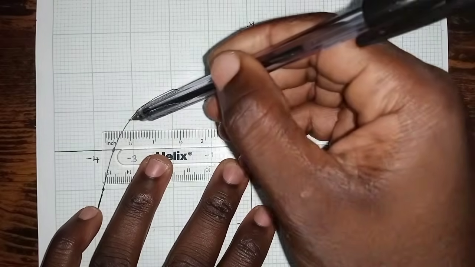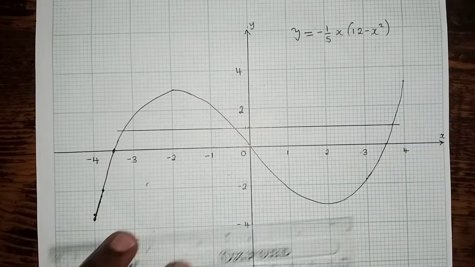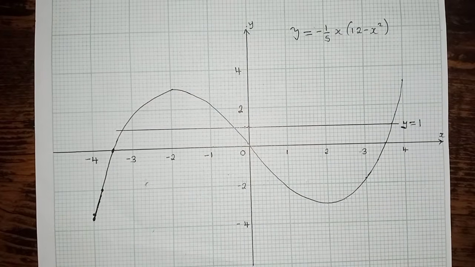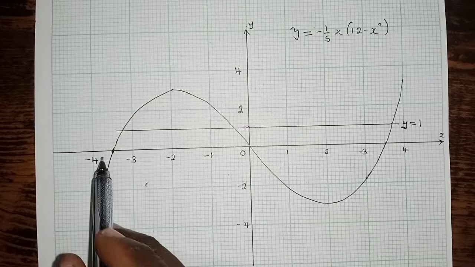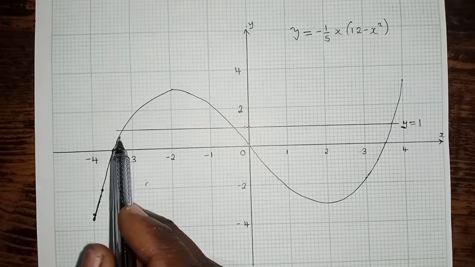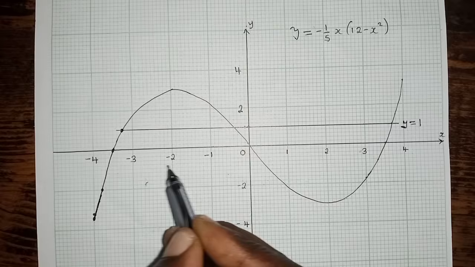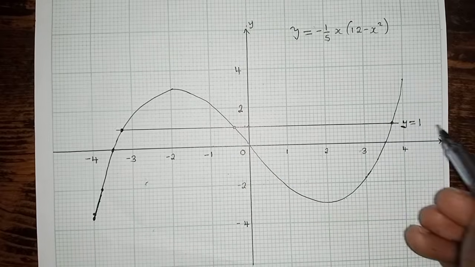This is the line y is equal to 1. Now, since we have y is equal to 1, we check the intersection of this line with the graph. This is where there is the intersection, here and right here.